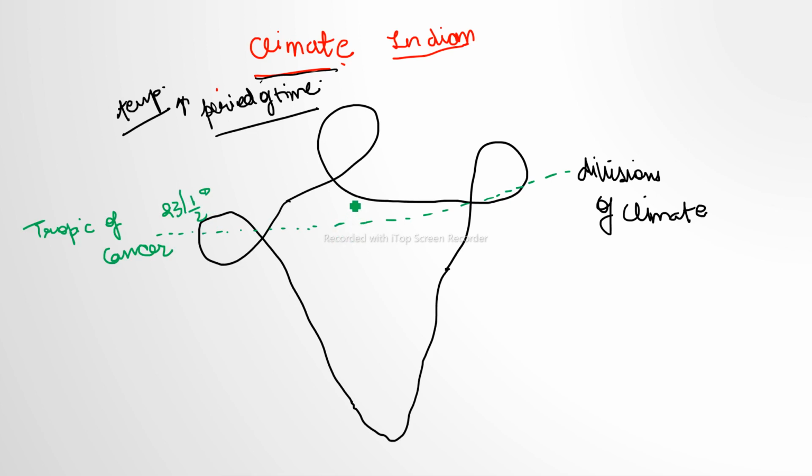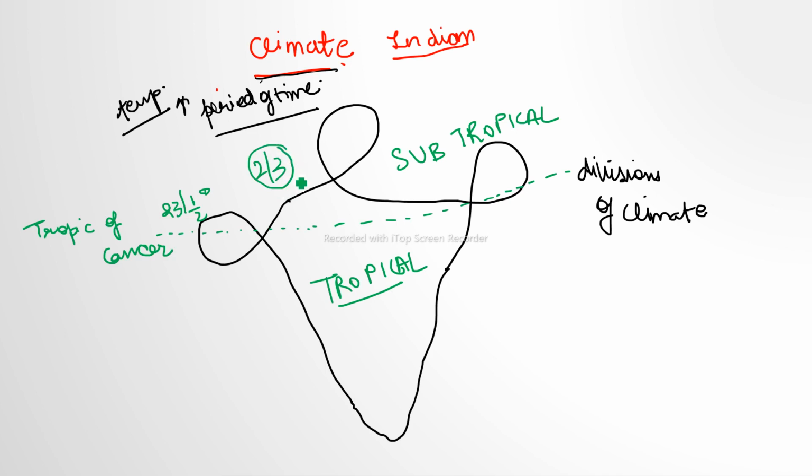The area below the Tropic of Cancer is the tropical area and experiences tropical climate, and the area above is the subtropical region, which experiences subtropical climate. You can say that two-thirds of India experiences the subtropical climate. So the climate division is basically due to the passing of the Tropic of Cancer. I hope this much is clear.